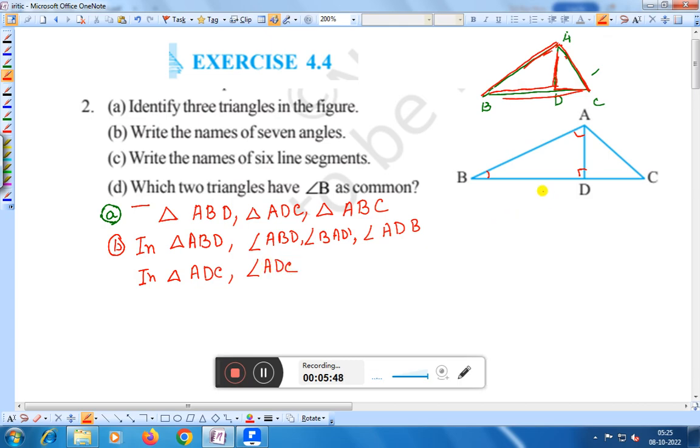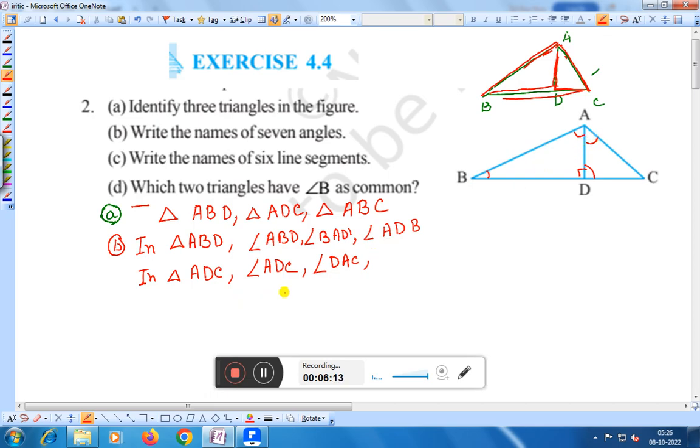Angle ADC means this angle is ADC. Another is angle DAC. DAC means this one, DAC is this angle.